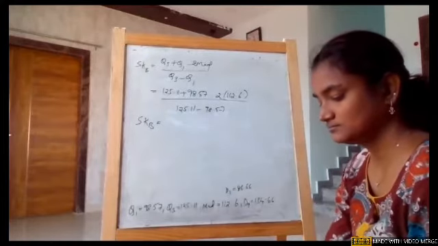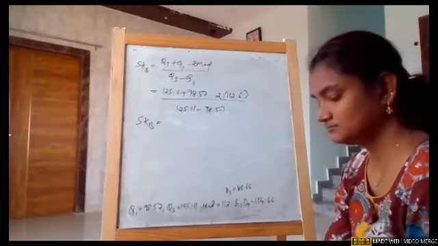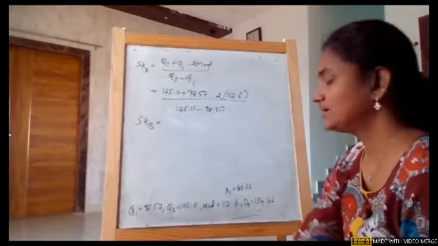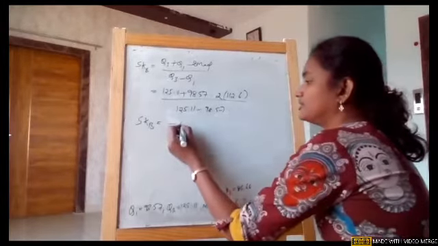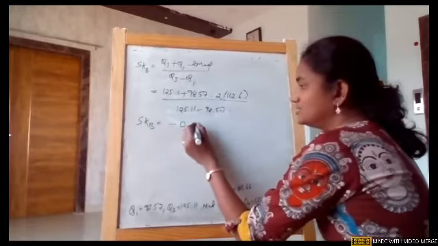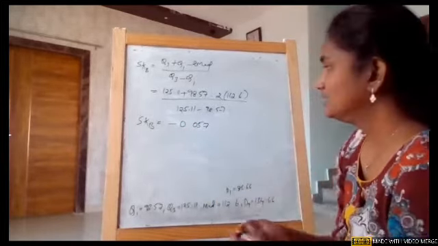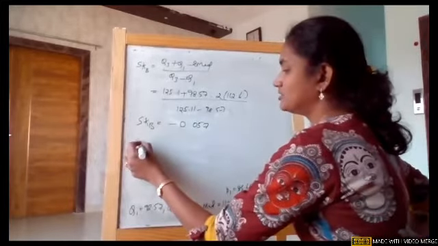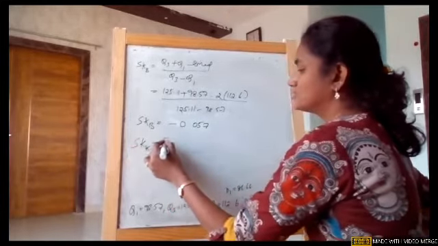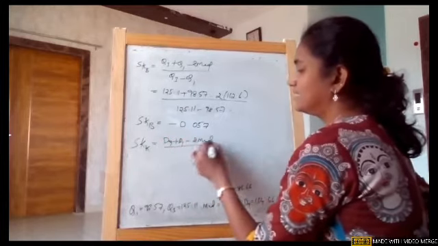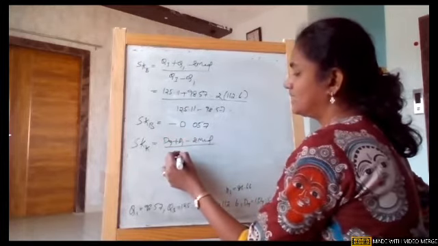Ma'am, minus 0.057. Yeah, SKB we got it to be minus 0.057. Correct. So similarly for Kelly's coefficient also, SKK, D9 plus D1 minus 2 median divided by D9 minus D1.